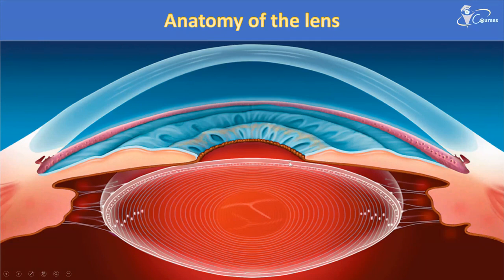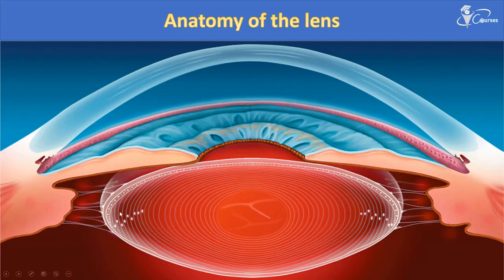They replicate, and they give rise to new lens fibers. This metabolic process occurs at the equator. The lens epithelium is cuboidal, and as it migrates toward the equator, it becomes more elongated. Then from the equator, this epithelium gives rise to the lens fibers.